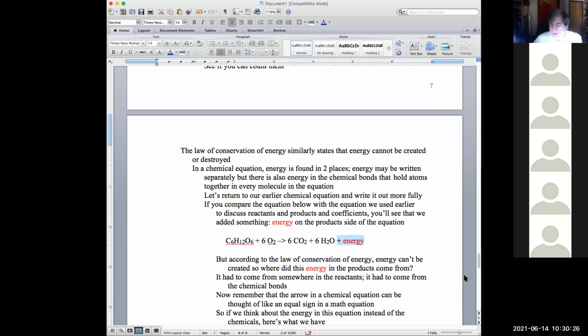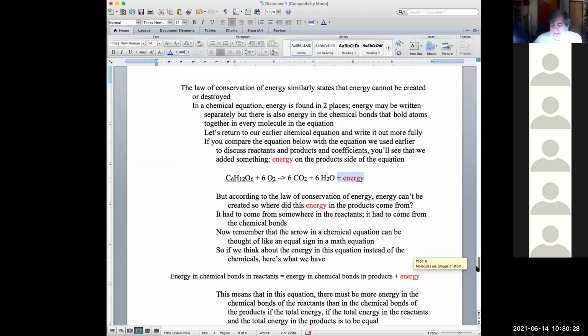So if we look at energy, there's actually energy in lots of different places in this chemical equation. It's just that most of the places we can't really see the energy. It's not very easy to visualize. So let's think about the other place where we see energy here. Now notice that C6H12O6 is a molecule.